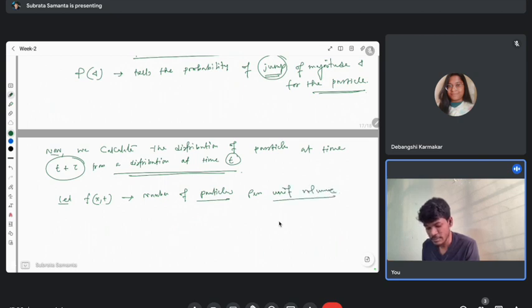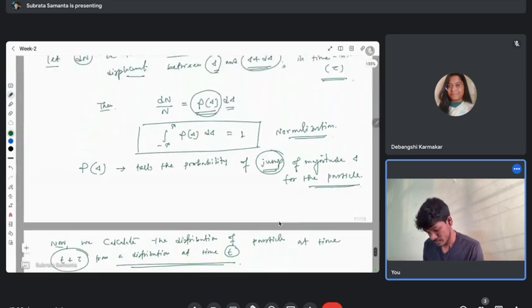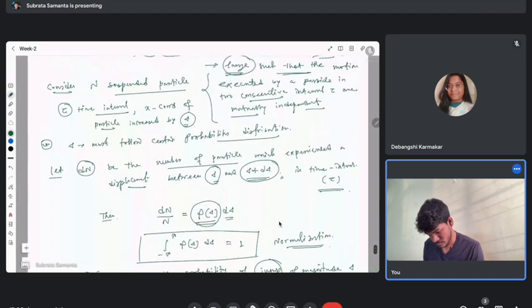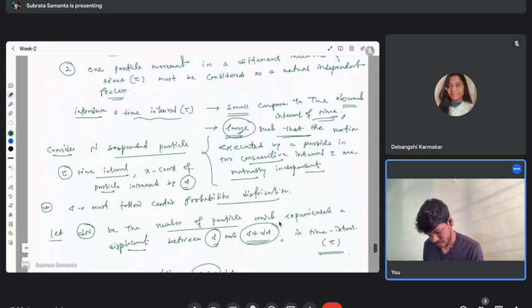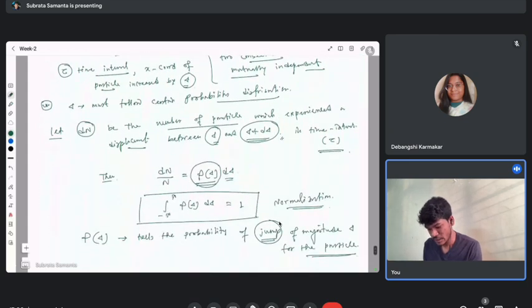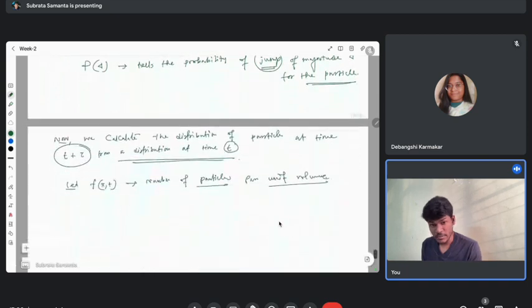So here we do not consider any unit time. Okay, in this case we are considering that dn is the number of particles which experience a displacement between delta and delta plus d delta in a time interval tau, right? So it's a specific time interval. And dn by n actually gives a probability phi of delta. But in this case we are not considering any time interval, just a unit volume, and this is actually f of x. So it depends on time.